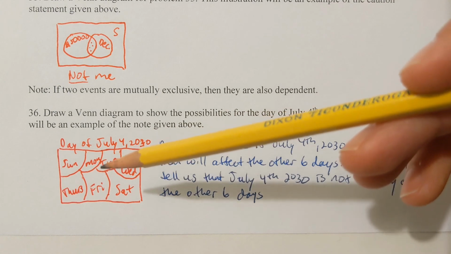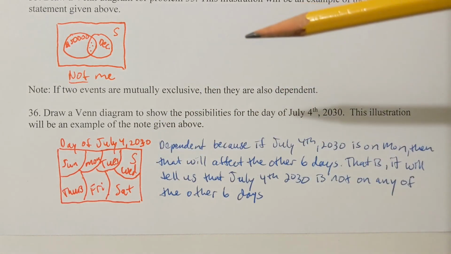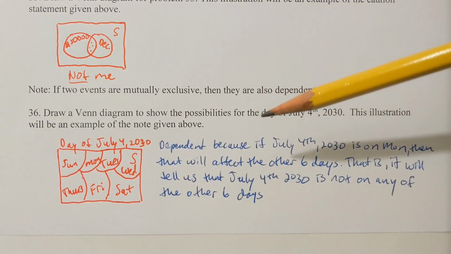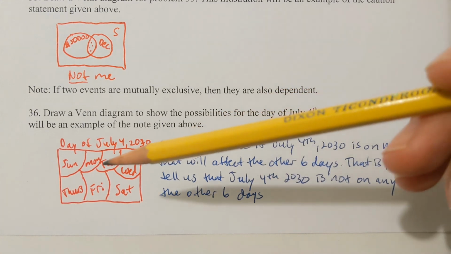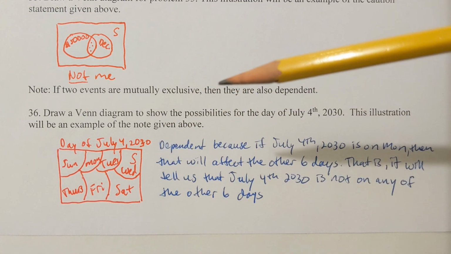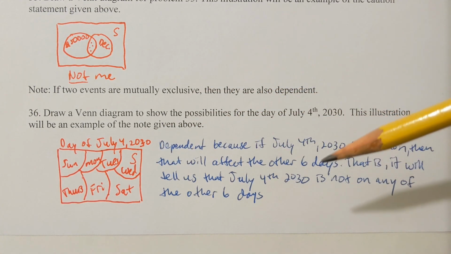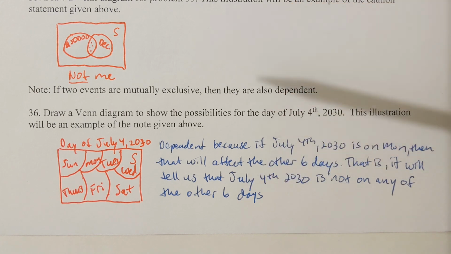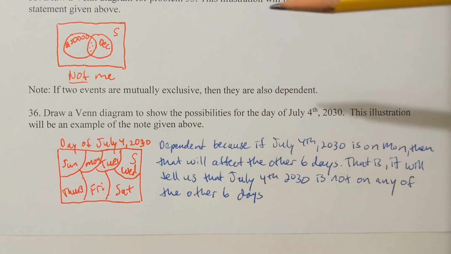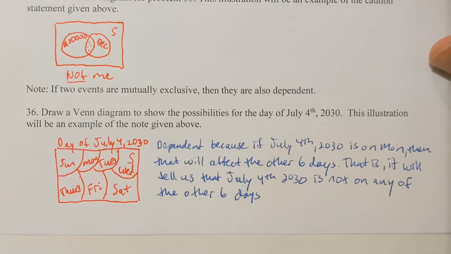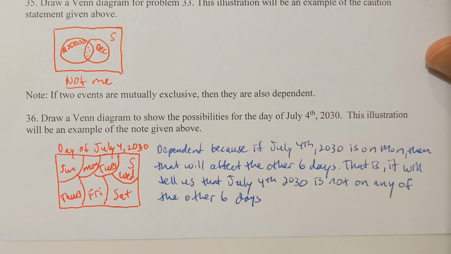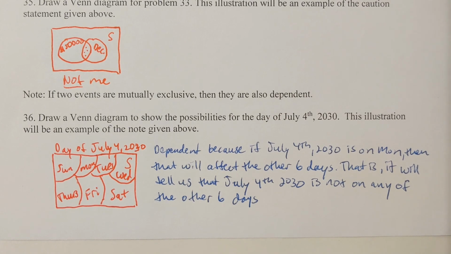It's not going to land on any of those days if it lands on Monday. So it depends on which day it falls on. That'd be an example of the difference between the two. Why don't we go ahead and stop right here in the notes, and we'll pick up with problem 37 in the next video.